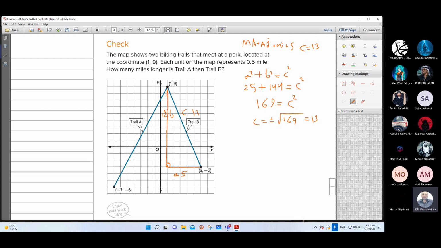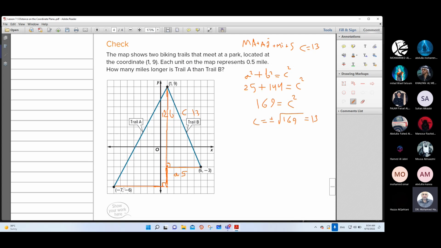Now we want to use the same idea to find the real B. Find the third point to get a right triangle. The third point will be here. Count now.